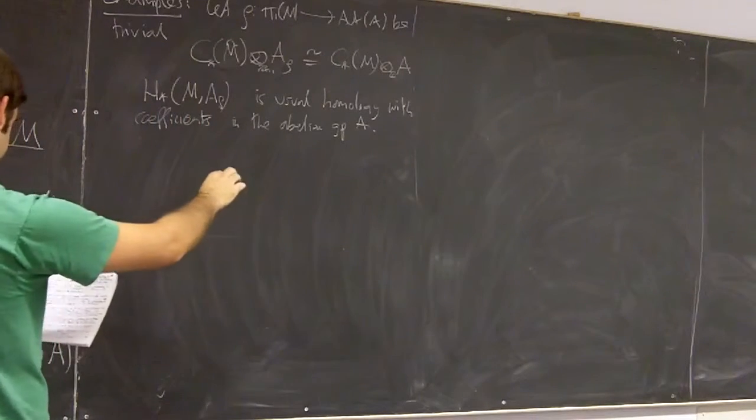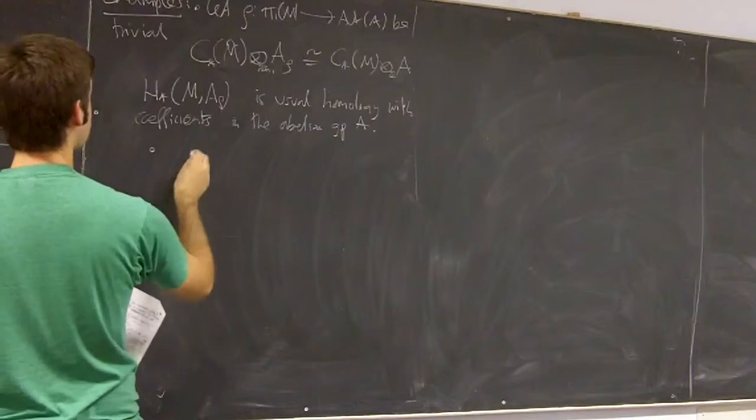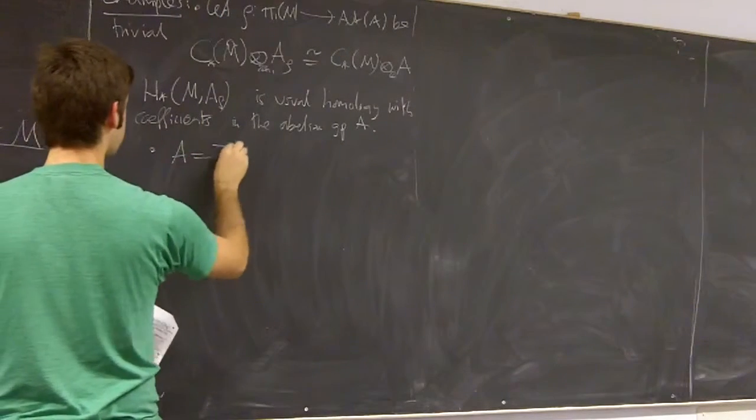Similarly for cohomology. The next example of interest is what happens if we take A to be the group ring.